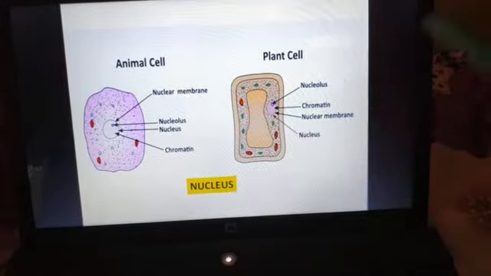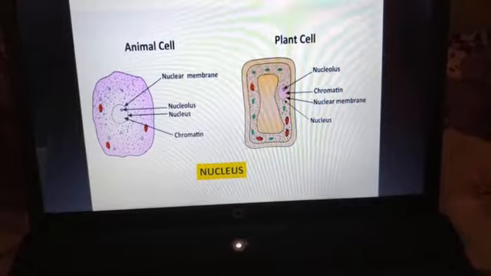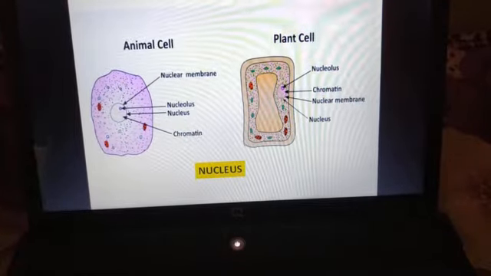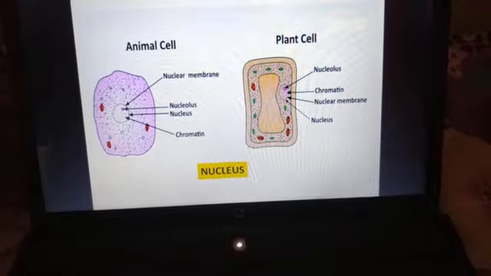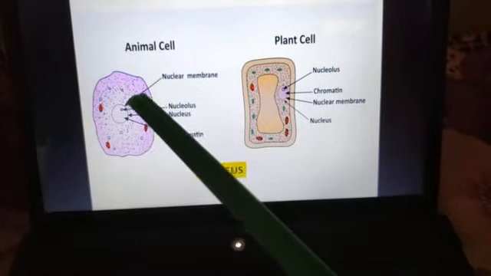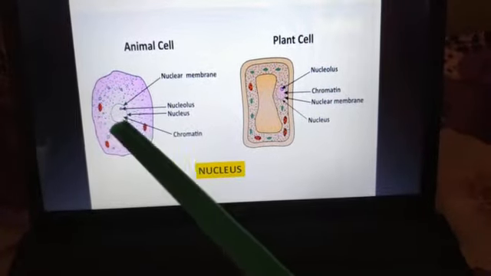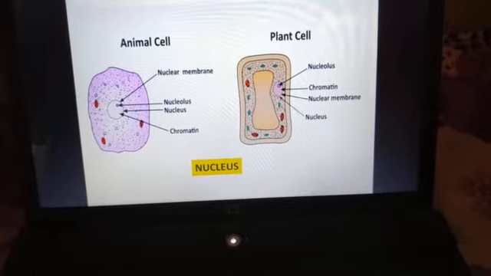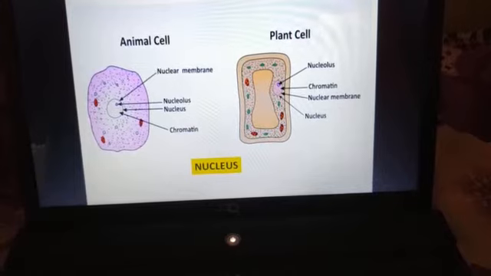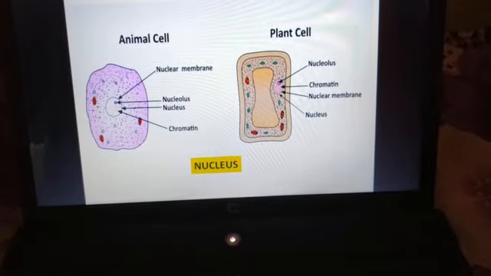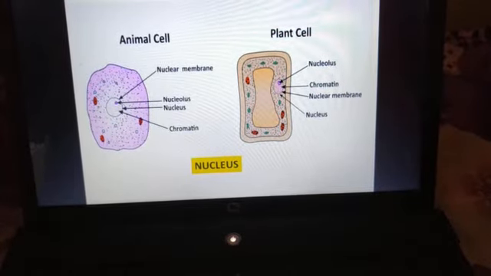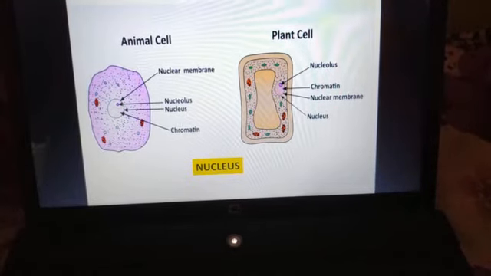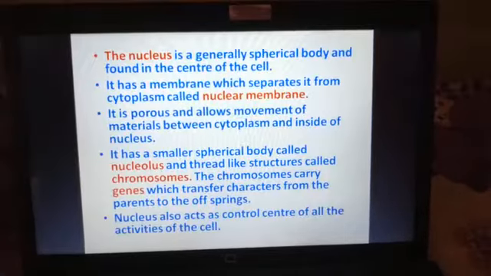The nucleus in both, it is surrounded by a membrane called the nuclear membrane. So this is the nuclear membrane, the outer layer covering. Here also the outer layer is the nuclear membrane, and inside these nucleolus is present and a thread-like structure called the chromatin or the chromosome is present.